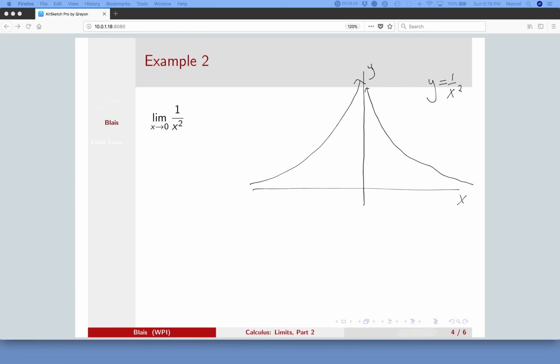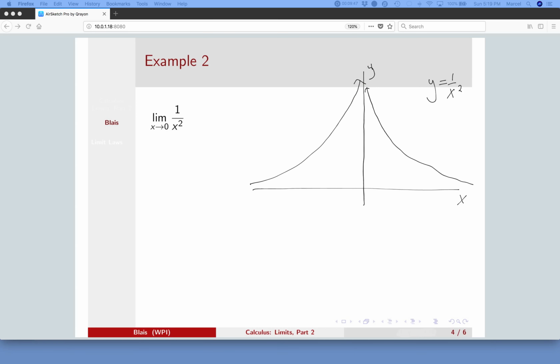So the issue now, think about the idea of limit. The limit as x approaches 0 of this function, we're honing in. Let's start from the right. As we hone in from the right on 0 for x, the function is taking off. It's getting arbitrarily large. The same is happening if we hone in from the left.